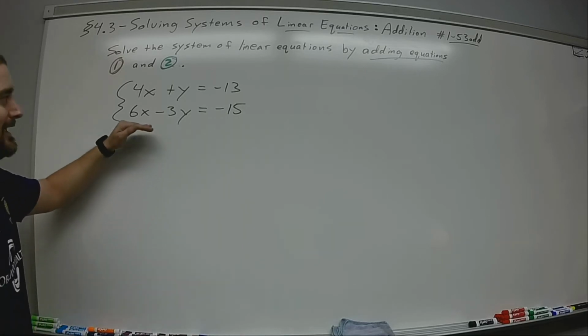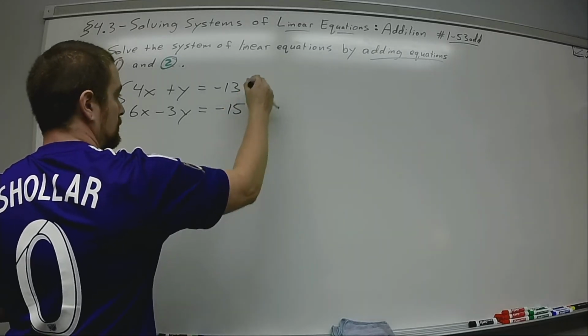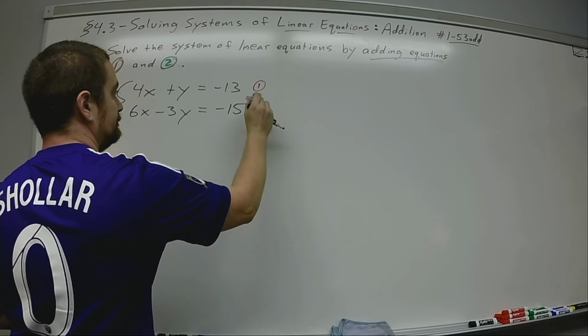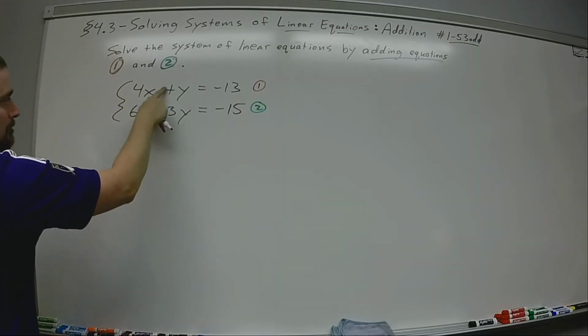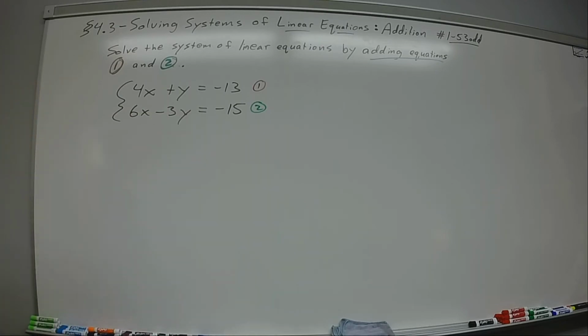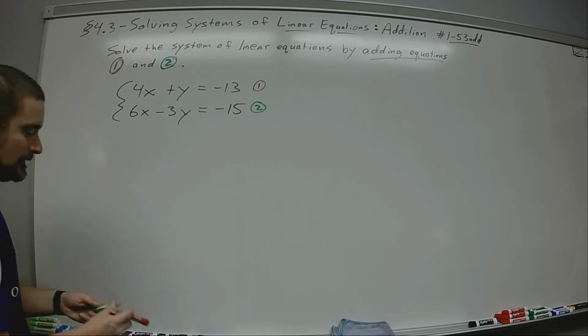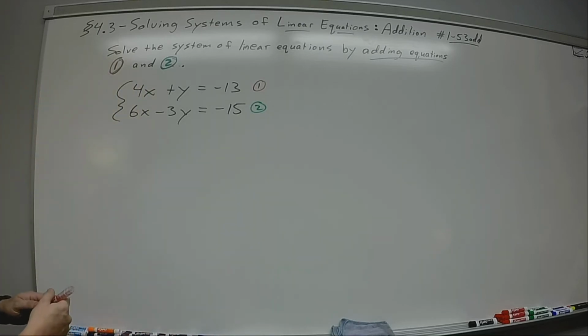Now again, if I just add right off the bat equation 1 and equation 2, I'm going to get 10x minus 2y, and that's not going to eliminate anything. So I'm not really set to add these together right now. But it doesn't mean I can't use the elimination method. It just means I have to fix things a little bit first before I add these together.